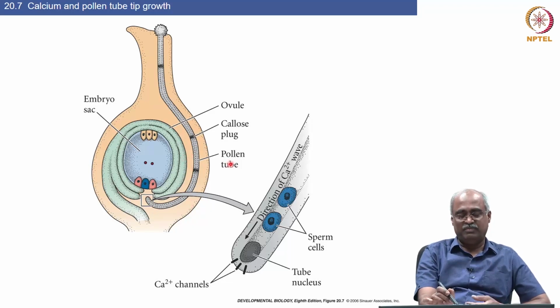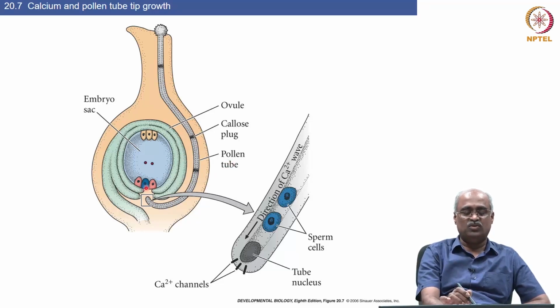And experiments so far have shown that the embryo sac itself signals the direction of this pollen tube growth. Experiments have been done where you have a defect in the embryo sac but not in the surrounding sporophytic cells, and still there was a problem in proper pollen grain germination and tube elongation, clearly indicating that the embryo sac does signal the process of tube growth.